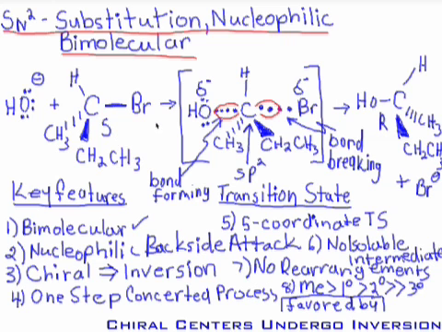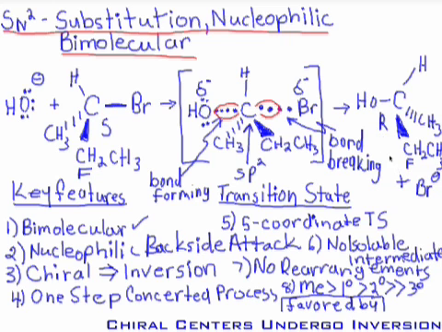For example, if I replaced the ethyl with a fluorine, bromine would still be number one, fluorine would be 2, methyl 3, and this would still be S. But when hydroxide bound where the ethyl was, which is now fluorine, the fluorine would be number 1 and the hydroxyl would be number 2.